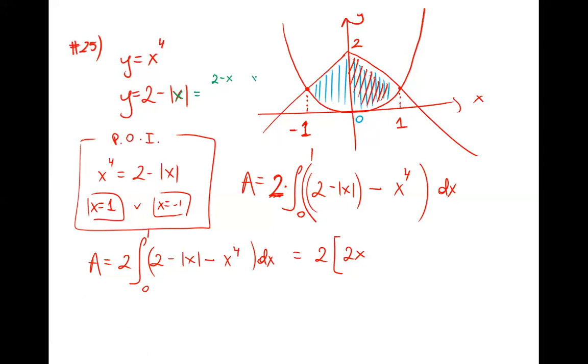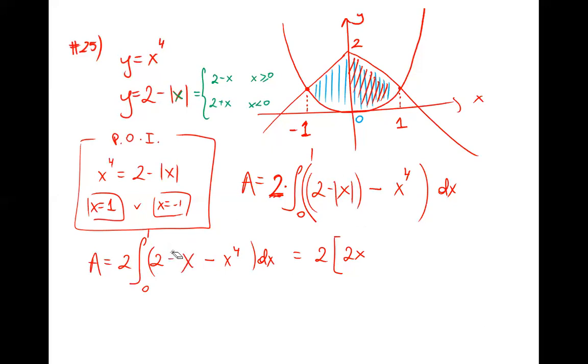But if x is negative, we change the sign, because negative and negative give positive. This is for negative, and we can see that's correct: x plus 2, positive slope, and negative x plus 2, negative slope. That means I can remove the absolute value; it's not a big deal anymore.